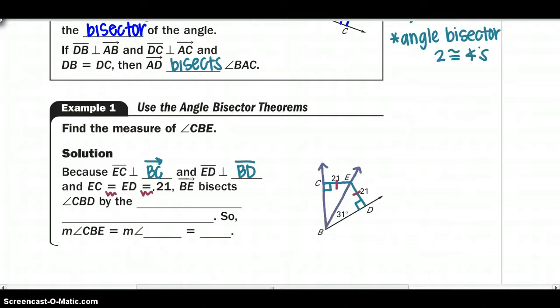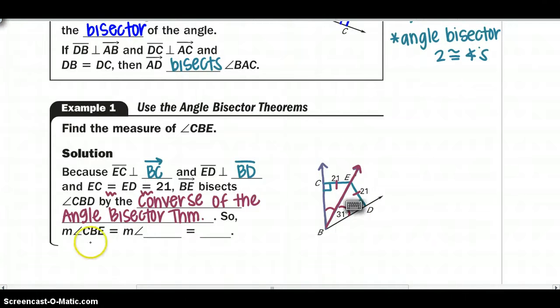So BE bisects this angle by the converse of the angle bisector theorem. So now I can set these two angles equal to each other because I know an angle bisector cuts them in half.